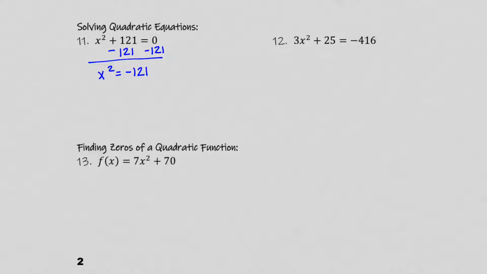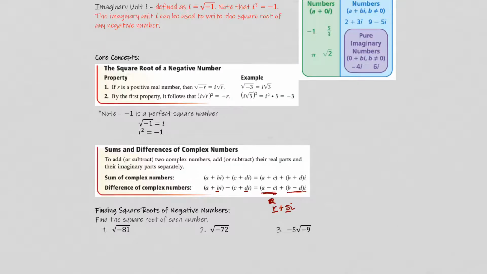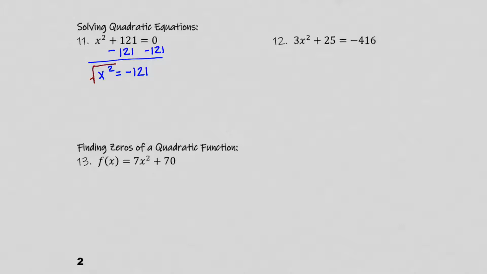I must square root both sides. Now, when you square root both sides, it is actually the positive and negative of the side that doesn't have the x squared.